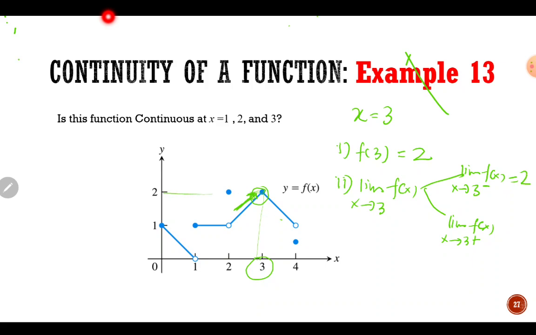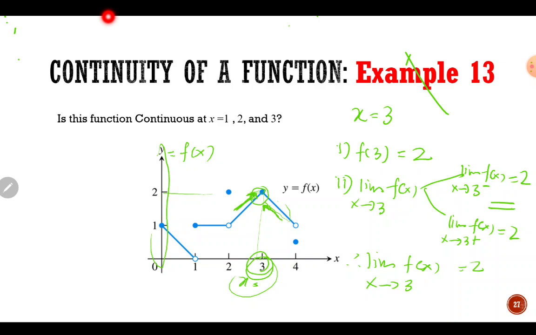And from the right, this curve leading to the point 2, coming from the right of 3. Here x equals 3. So what is its y value? This is y equals f(x), also equal to 2. So are the limit from the left and from the right the same? Yes, the same. So we conclude that the limit of f(x) as x approaches 3 is equal to 2.